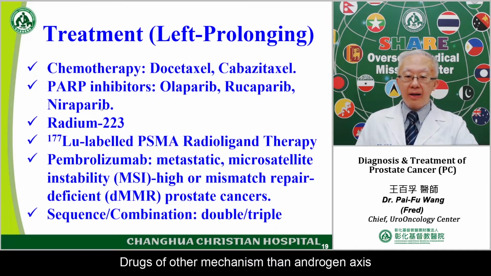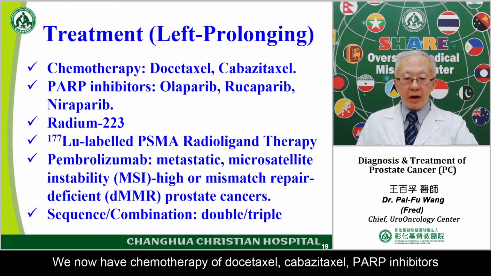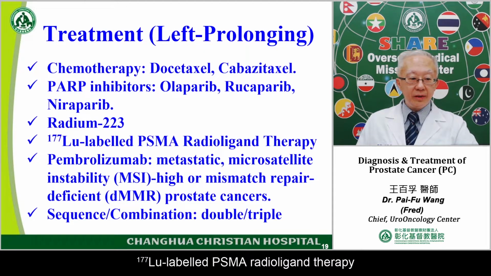Drugs of other mechanisms than the androgen axis are now the last but not the only hope of prostate cancer. We now have chemotherapy of docetaxel, cabazitaxel, PARP inhibitors such as olaparib, rucaparib, and niraparib, radium-223, 177 lutetium-labeled PSMA radioligand therapy.